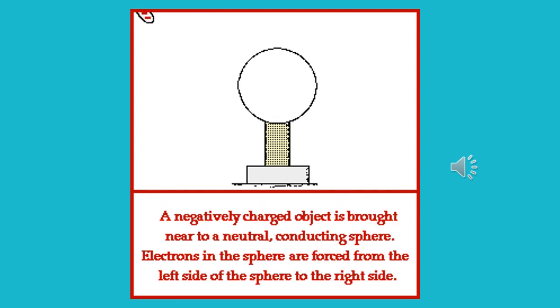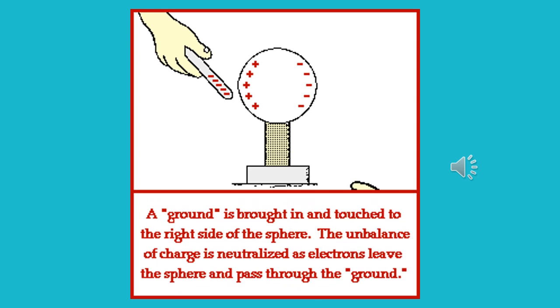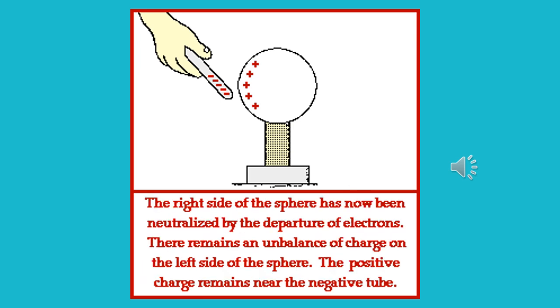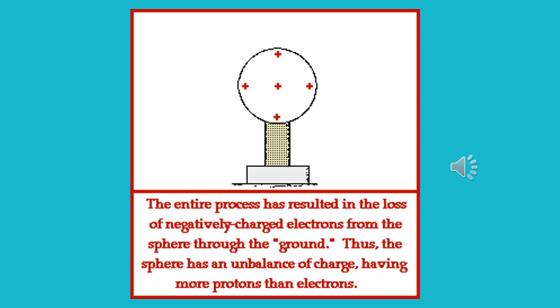When we are momentarily touching the sphere, the free electrons will pass to the earth through our hand. So if we now remove the negatively charged object from the sphere, the deficiency, or the empty seats for electrons, will spread throughout the sphere and the entire sphere will be positively charged.